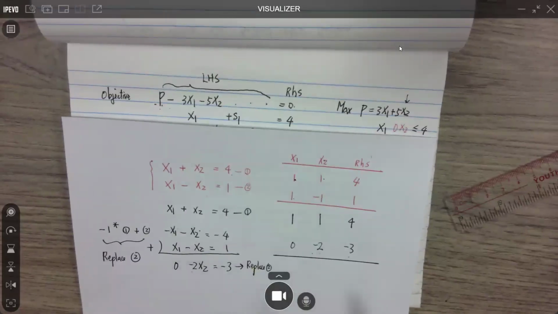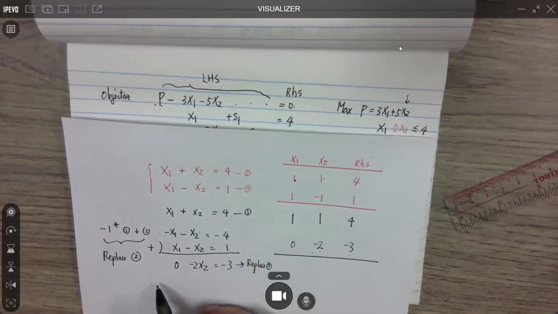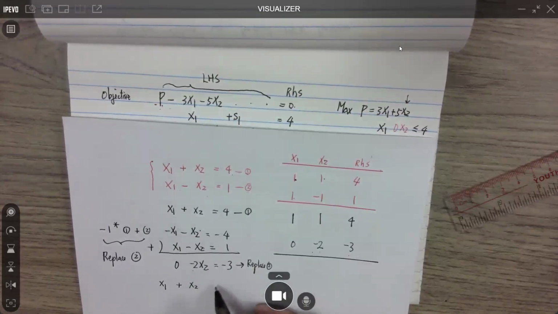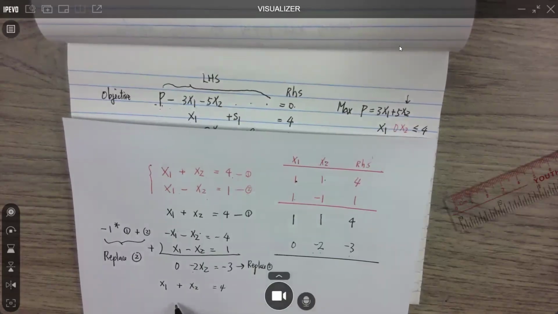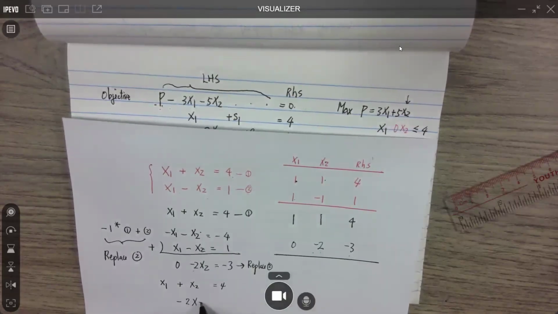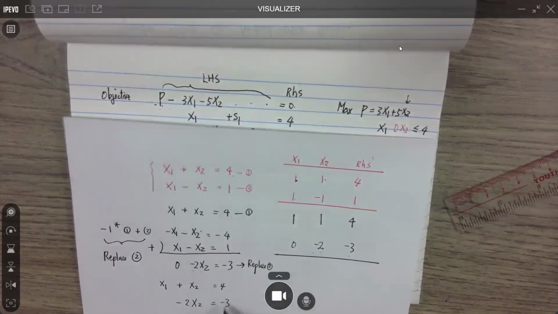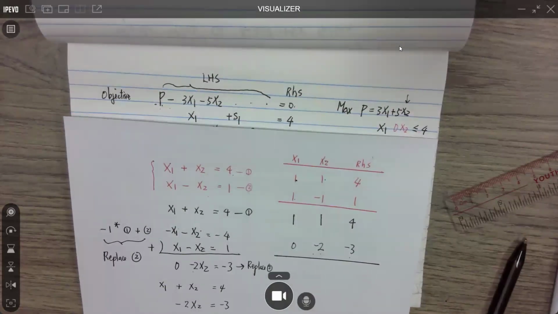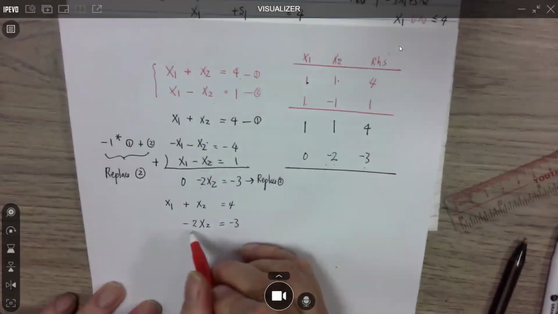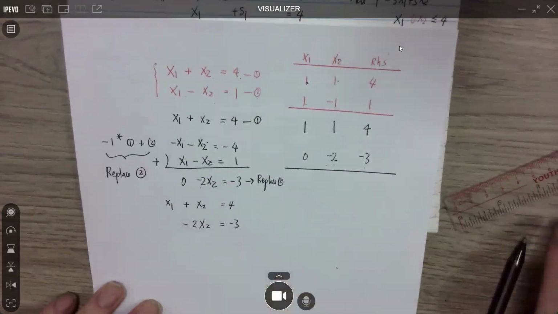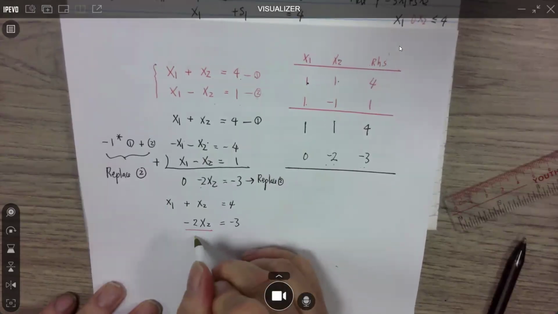How are we going to deal with this next? In high school, your teacher says, now you have a system: x1 plus x2 equal to 4, and minus 2x2 equal to minus 3. In order to find x2, all you need to do is divide both sides by minus 2.